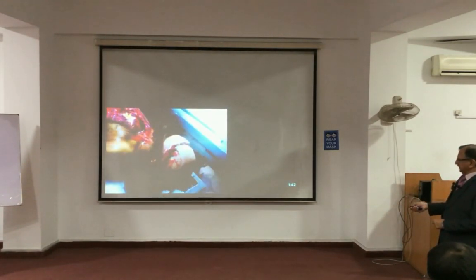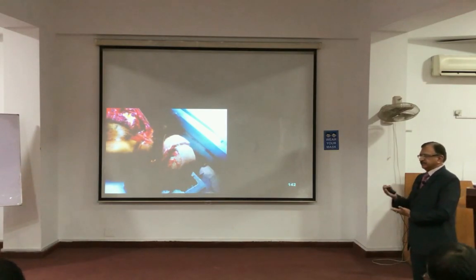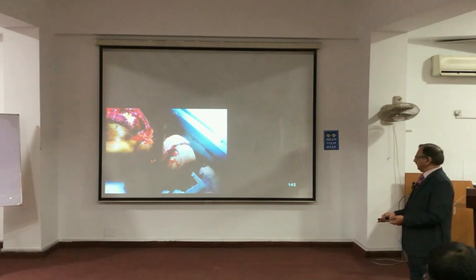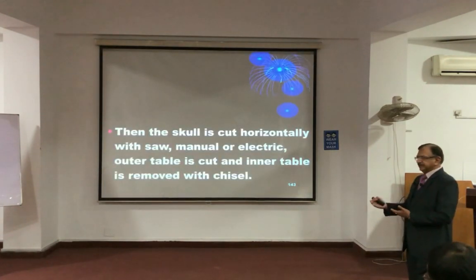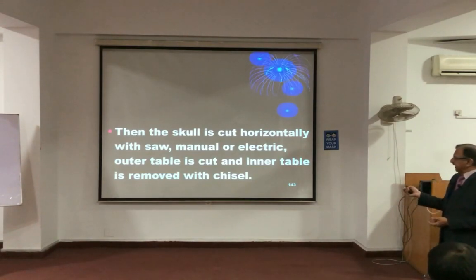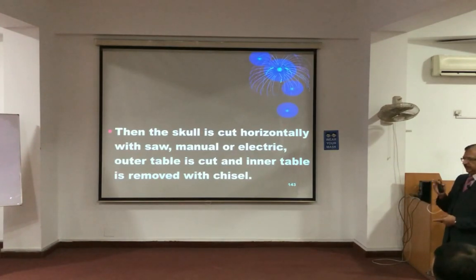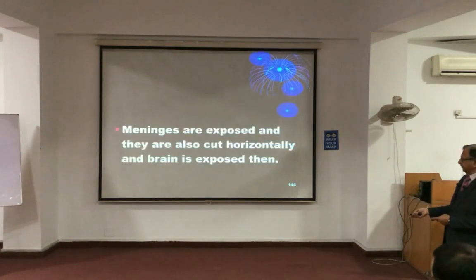And this is the calvaria exposed, and then the temporalis muscle is removed with blunt dissection. It is not cut, because below that there is very thin calvaria and it will be broken. Now with the help of a saw, electric or manual, you cut circumferentially the skull cap; the outer table is cut, then the inner table with the chisel.